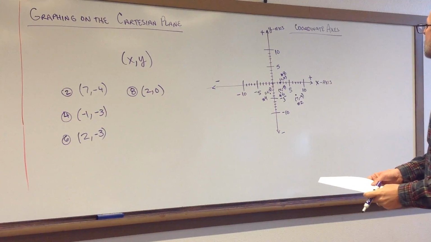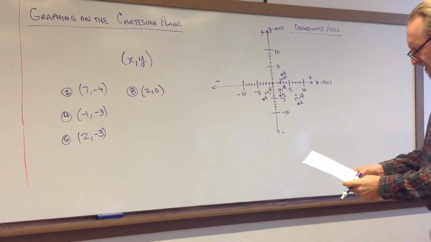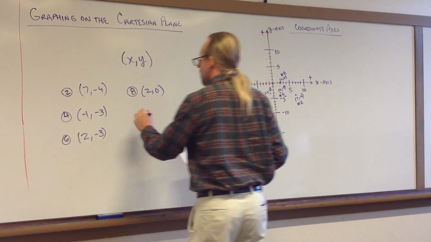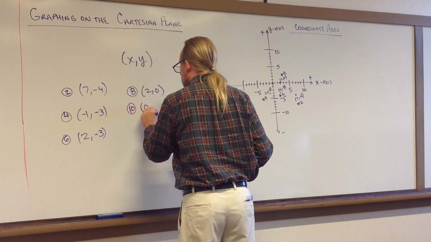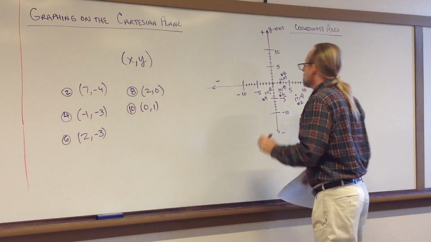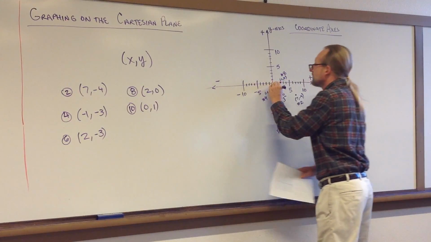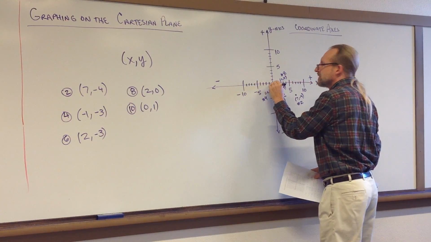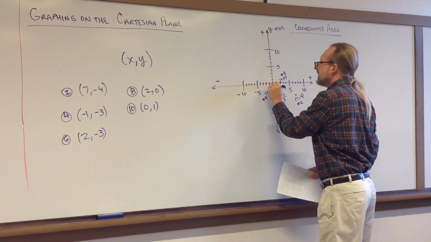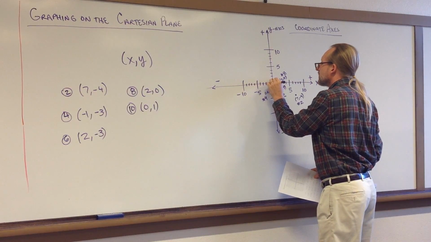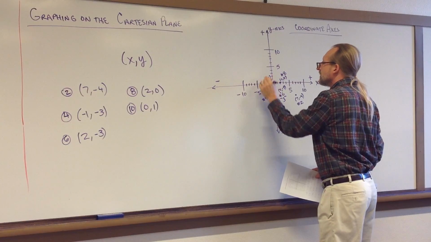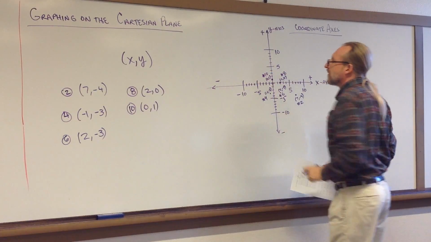Let's see, let's do a couple more here. Problem 10 is the point 0, 1. So if we start in the middle, this is telling us the horizontal or x-coordinate is 0, so we don't go to the right or left, we stay right in the middle there. And then the vertical or y-coordinate is 1, and so there's the point 0, 1.